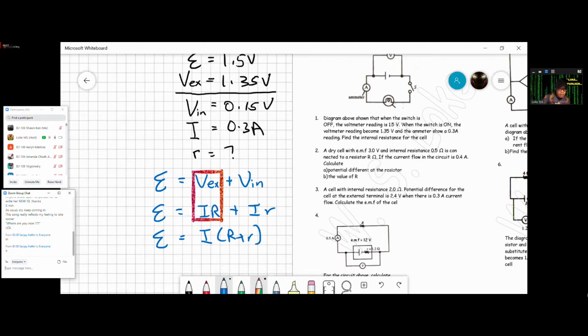What it means is, you juga boleh gunakan, V external is IR. This part only. Also can. Ataupun, you also can use this part of the formula. Also can. Understand or not? That part also can. So it means V internal is Ir.